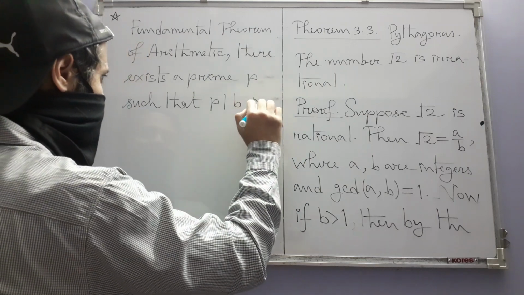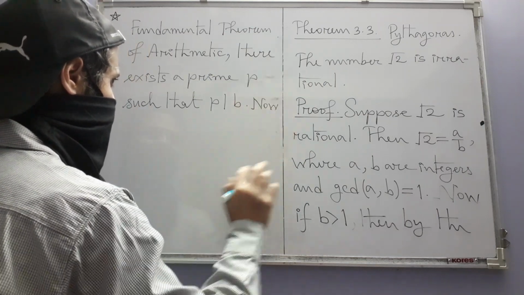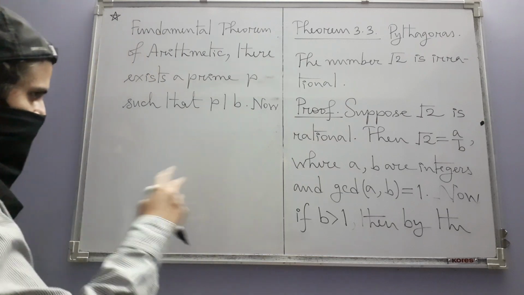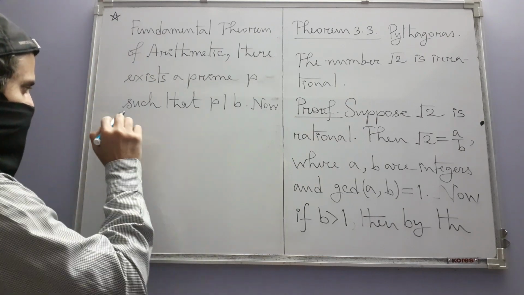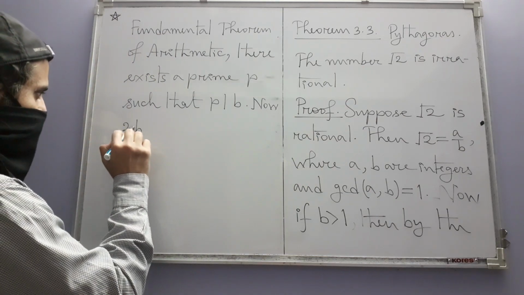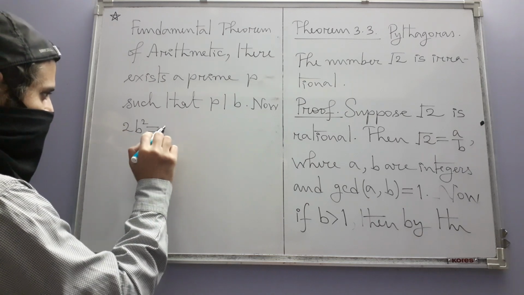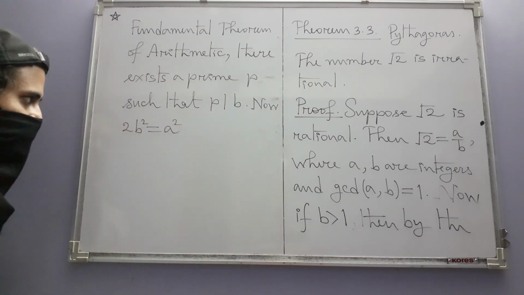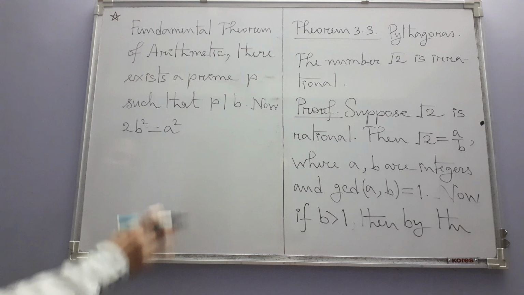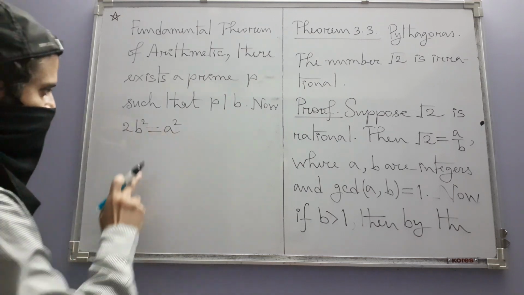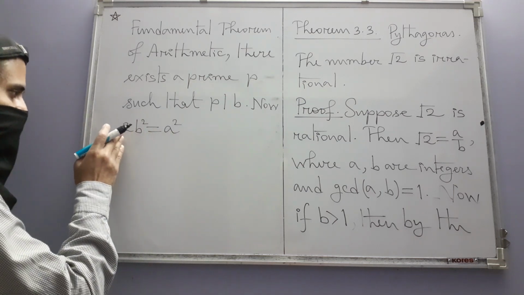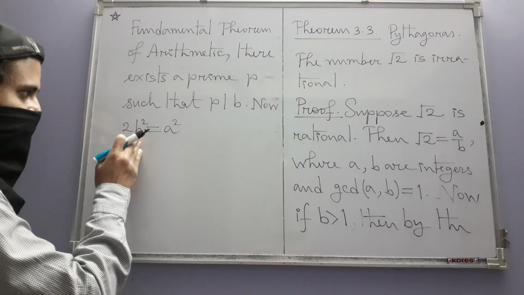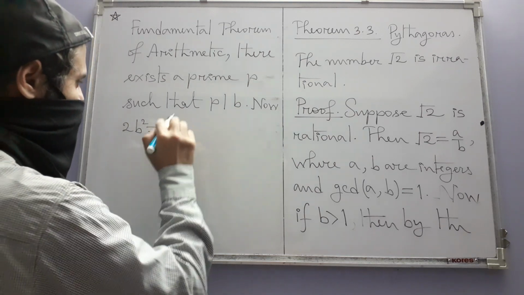Now, squaring both sides and manipulating the equation, we get 2b square is equal to a square. From this equation, you can clearly see that since b divides the left hand side, b also divides a square.